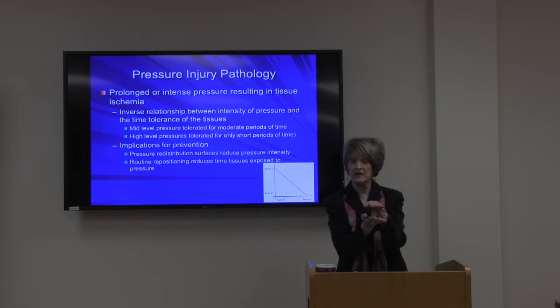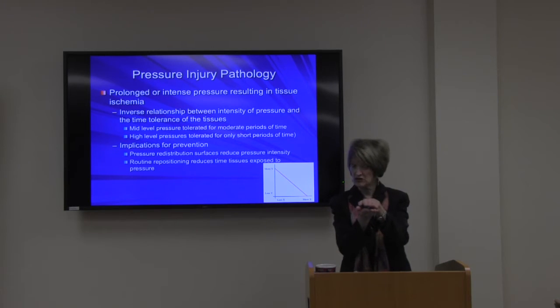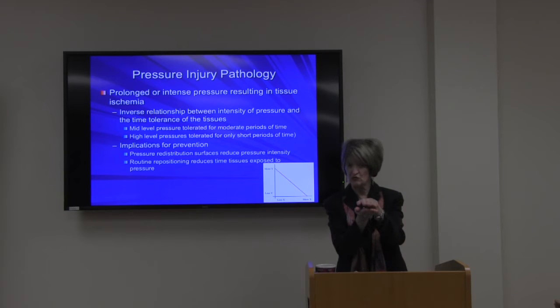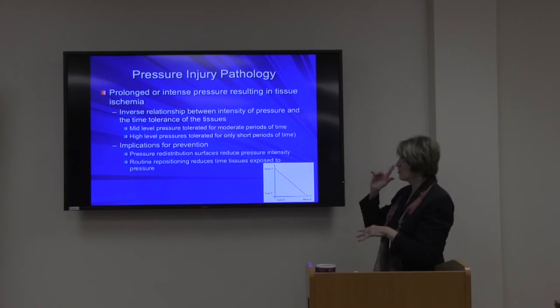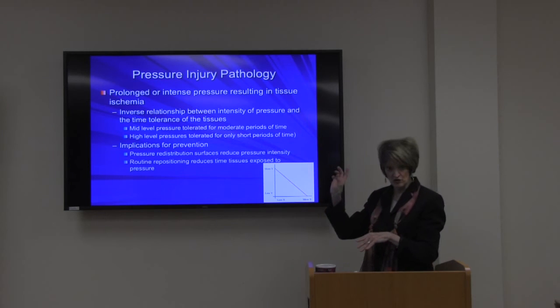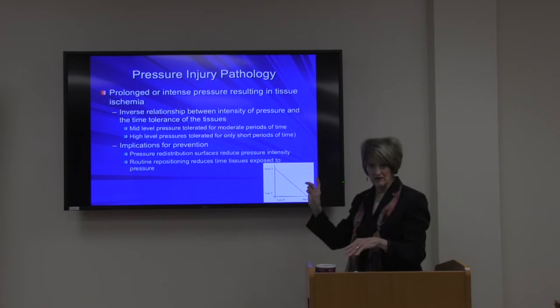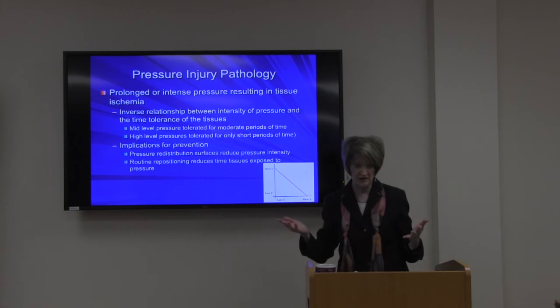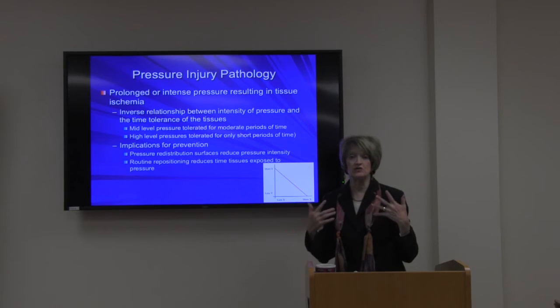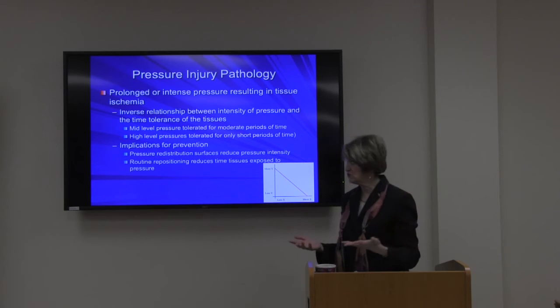We also said that if you have moderate level pressure, you get partial occlusion of the capillary bed, so you get reduced blood flow, gradual development of ischemia, gradual development of that oxygen debt, and a slower onset of tissue damage. So either high level pressure for a short period of time or moderate level pressure for a prolonged period of time can lead to tissue ischemia, tissue death.